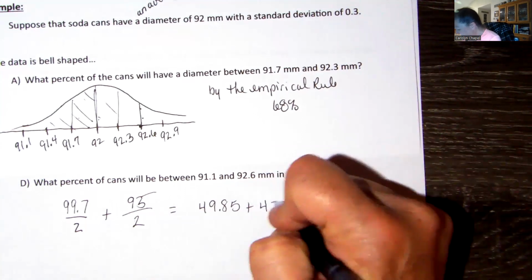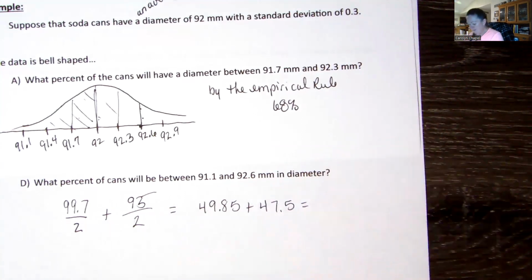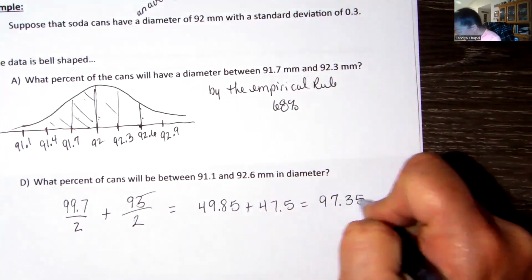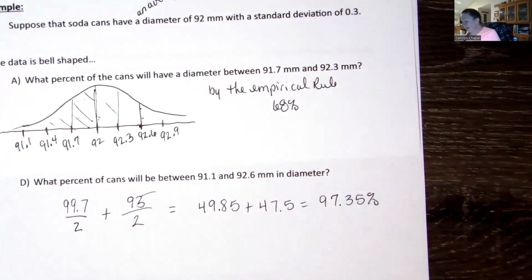Adding my 47.5, and I have 97.35. So most of our cans are going to be within that region. 97.35% of our cans that come off this machine will have a diameter somewhere between 91.1 and 92.6.